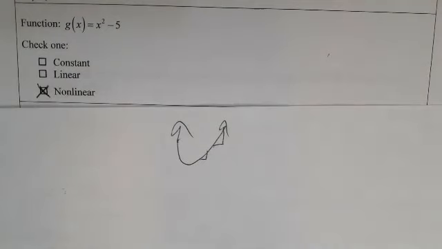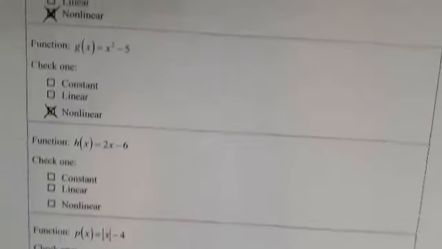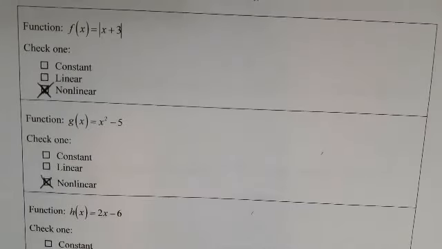And I don't know if I said it explicitly, but another way to look at whether it is linear or not, if we look at all our previous linear functions, they were all first degree.